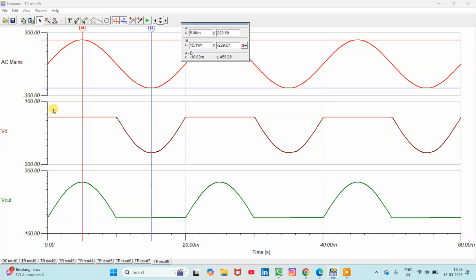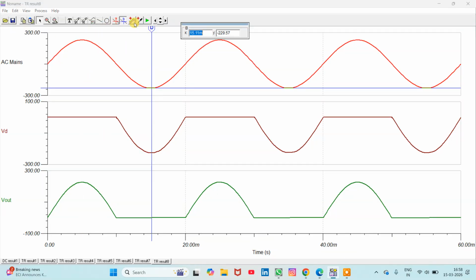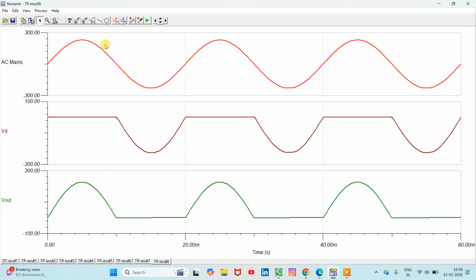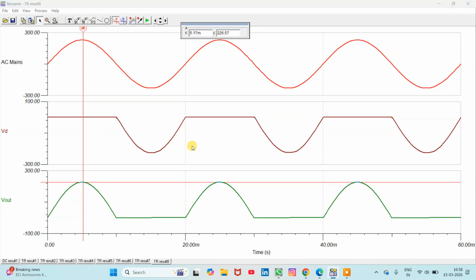Now for the positive half cycle, my diode will conduct and the output, that is the voltage across RL, will be on the positive side. If you check the curve, the A cursor will show you the positive, and that is 226. If I change that, you can see 226 volt is the voltage I'm getting here.